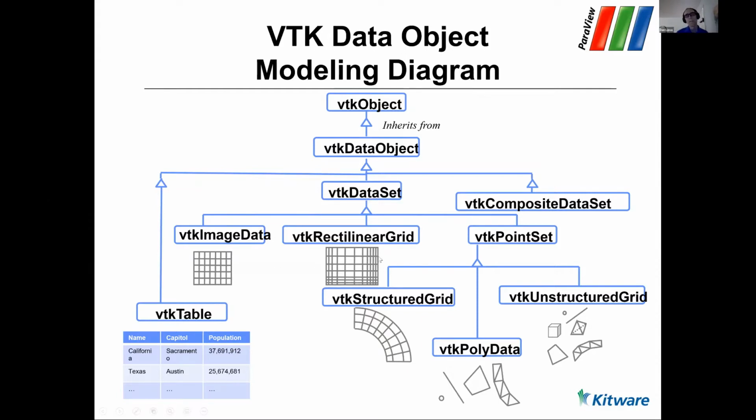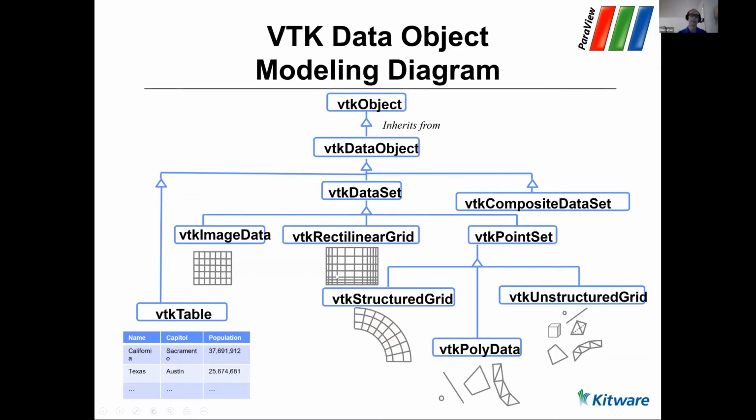And then we have different types of data sets that provide optimizations for specific organizations of points and cells. The most optimized and often the fastest data set to process is what we call VTK image data, or rectilinear regular grid.